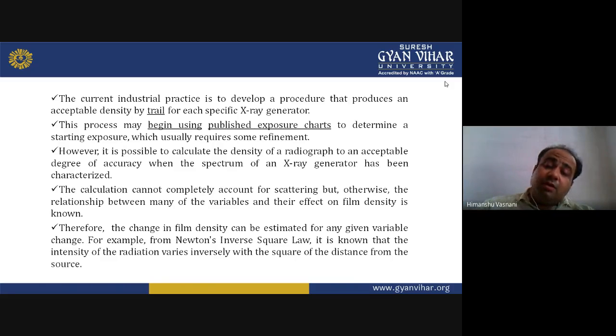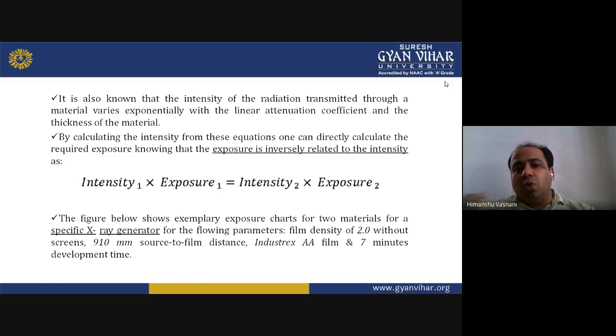For example, Newton's inverse square law, that we have studied previously also. From Newton's inverse square law, it is known that the intensity of radiation varies inversely with the square of the distance from the source. It is also known that the intensity of the radiation transmitted through a material varies exponentially with the linear attenuation coefficient and the thickness of the material.